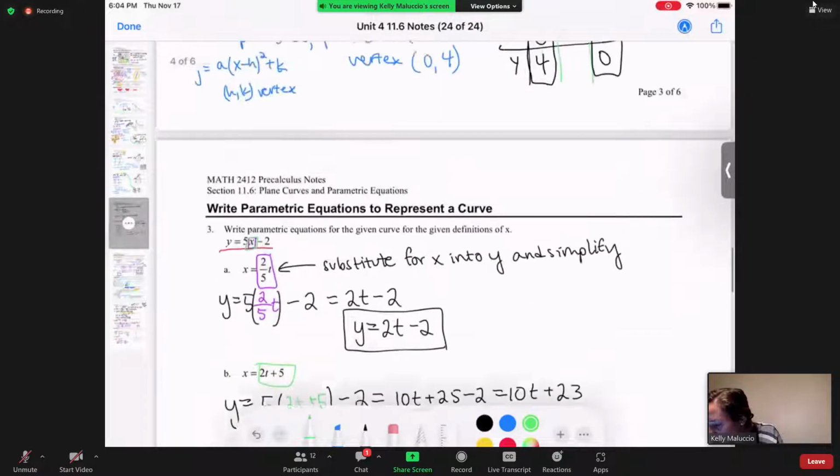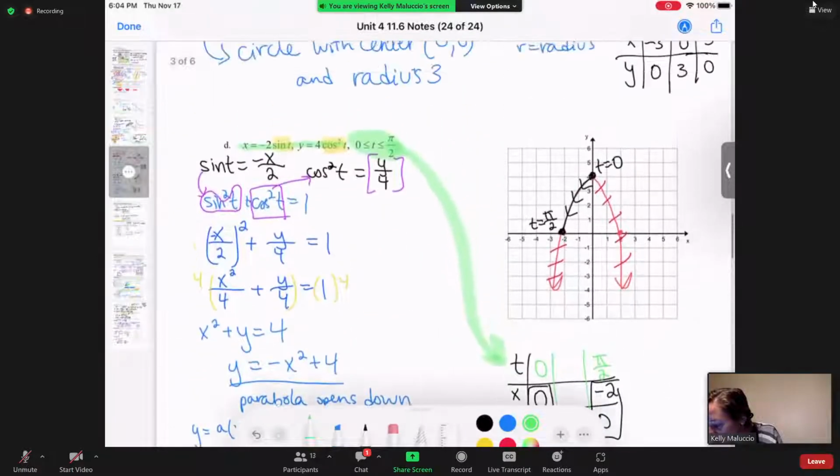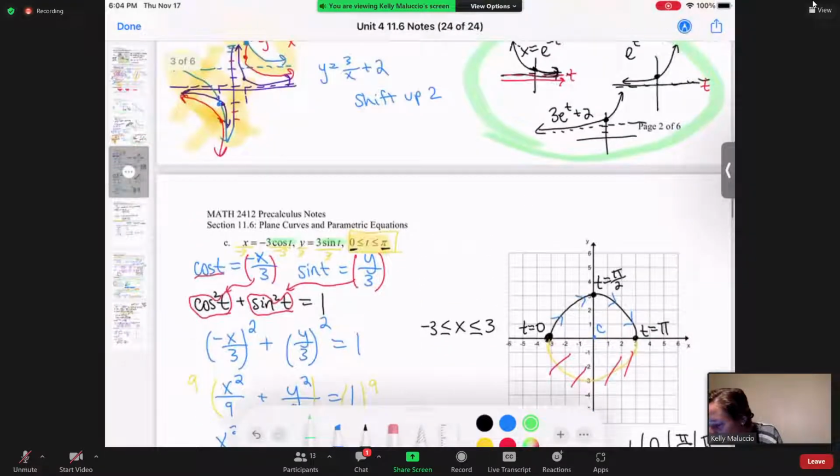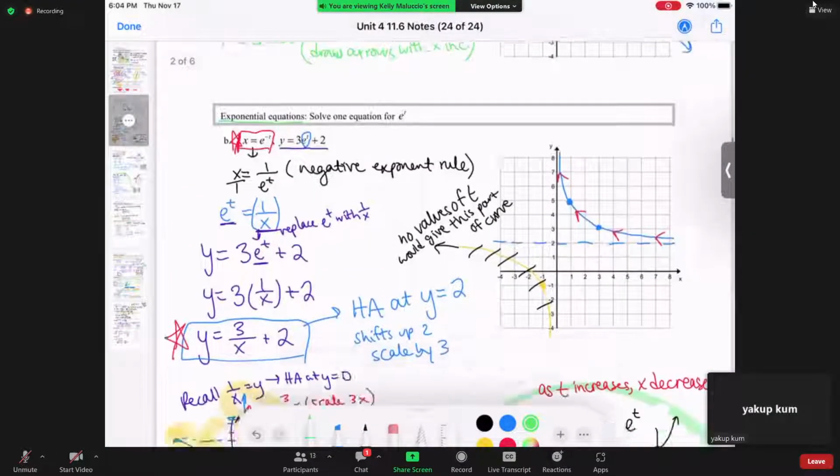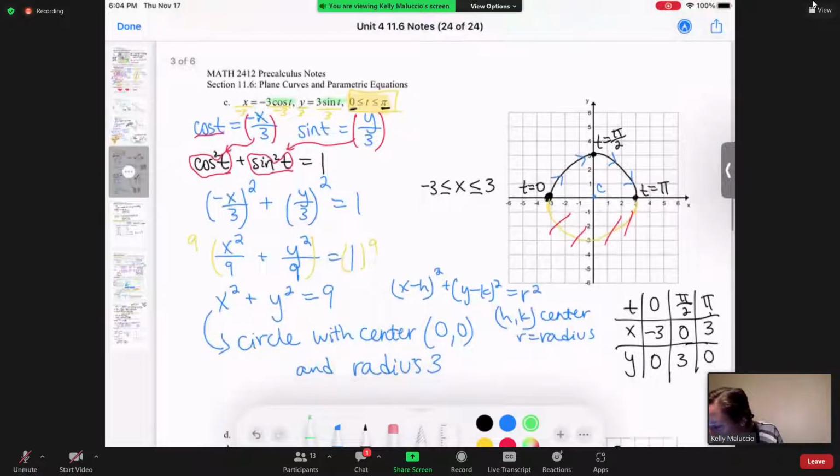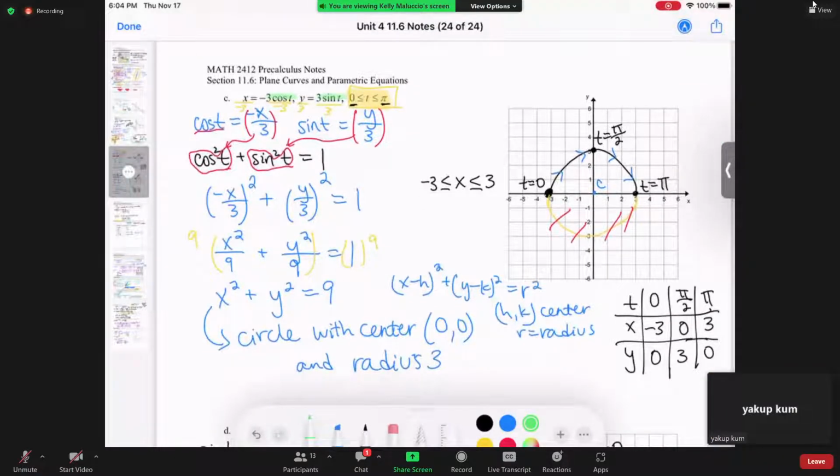There was a question that had us do exactly this, just like this. So the fact that there's t here and theta there, it doesn't matter. They're the same thing. So t in this case is theta. It's just using a different variable.